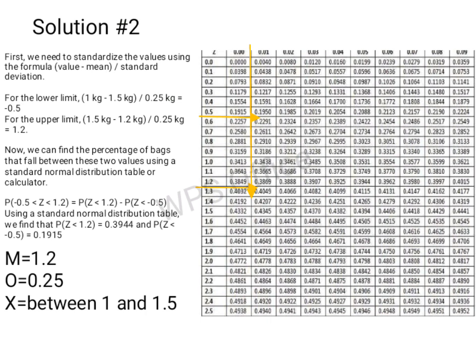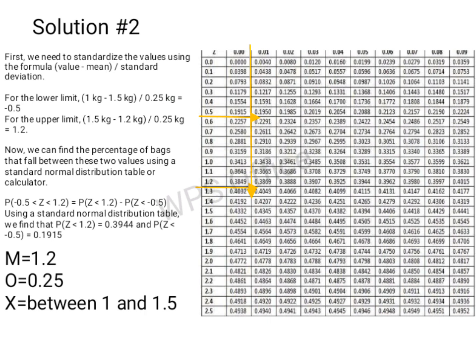such that P of -0.8 less than z less than 1.2 is equal to P of z less than 1.2 minus P of z less than -0.8.